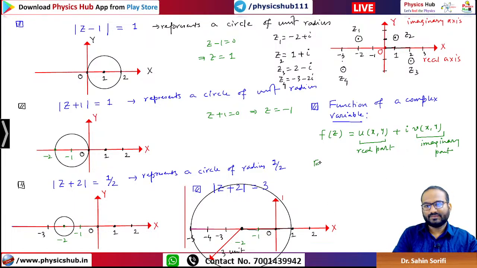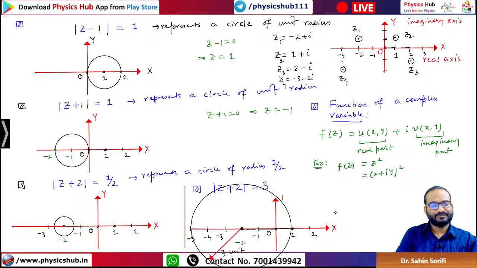If I give you an example, let's say f of z is equal to z squared. So z squared means what? x plus iy whole squared. So what do you get? x squared plus i squared y squared, means minus y squared, plus 2ixy, a plus b whole square formula.